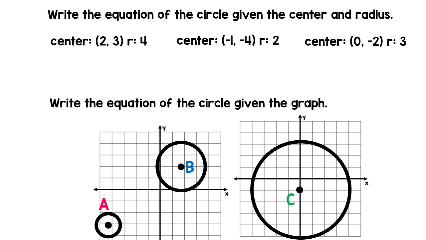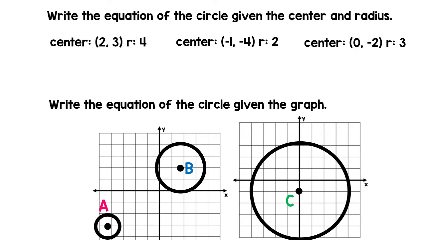Moving on forward, we can do a couple of these. So if our center is at (2, 3), that's h and k. Our radius is 4. We get x minus 2 squared plus y minus 3 squared equals 4 squared.